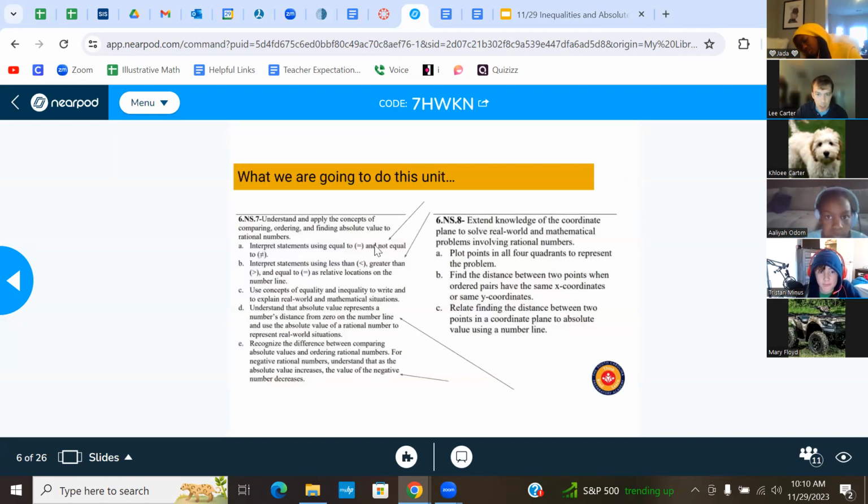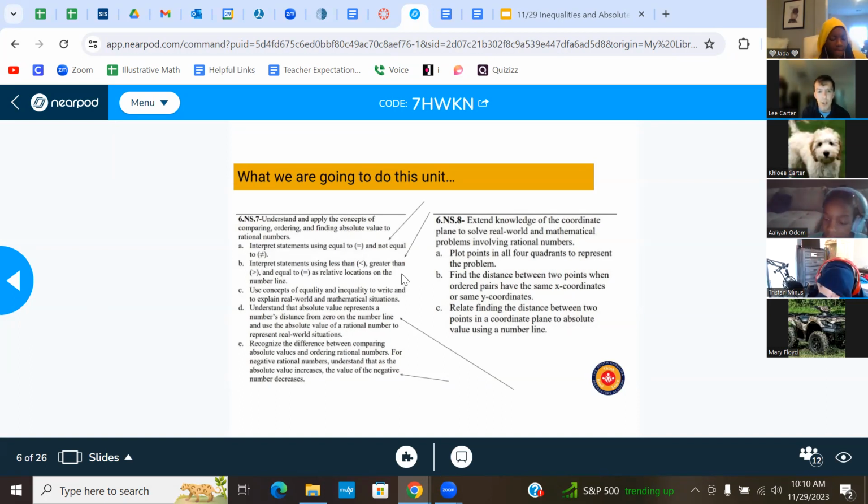All right, so I want to point to what we're working on today, which is this whole interpreting statements using equal to, not equal to, greater than, less than. We're also going to go ahead and do less than or equal to and greater than or equal to, which is technically seventh grade, I think, but I think it just makes more sense to go ahead and do that.